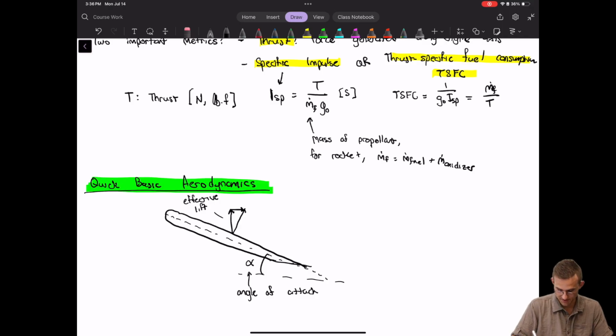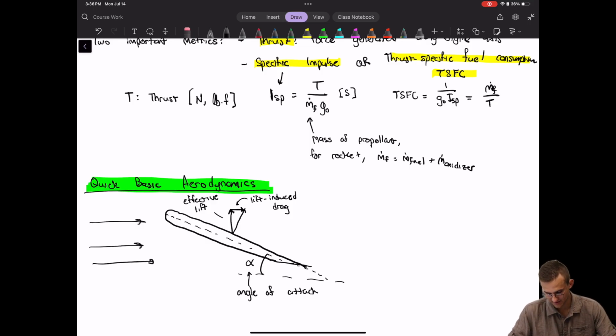And also there's this lift-induced drag here. That's the drag that doesn't have to do with the friction on the airfoil. That's the drag that has to do with the geometry of the airfoil itself. I should also note that we have some free stream that's traveling directly to the right here. So the angle of attack is defined relative to the free stream flow.